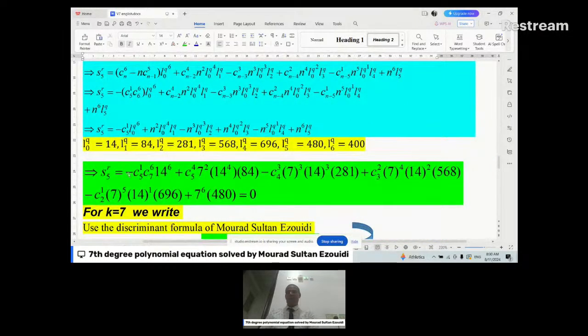This says S5 equal negative. So this is 7th. The formula 5 is 5. Just a moment, there's something missing here. Is 5 choose 1, but in 6, 7, yes. This is 6, 7, learners.